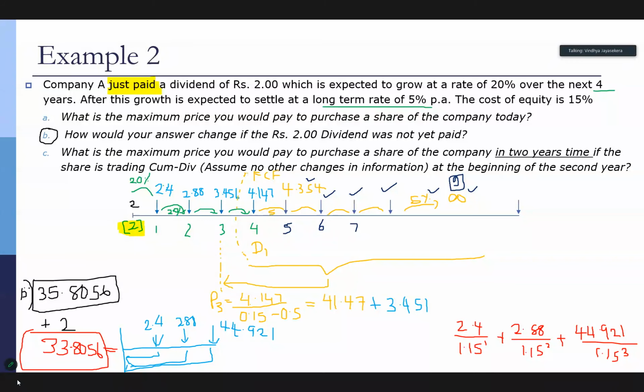That's the answer for part B. So this is the difference between, remember when we talked about cum rights and ex rights? Similarly, we can talk about cum div and ex div. This is the cum div price. Cum means with. This is the ex div price. Ex means without.